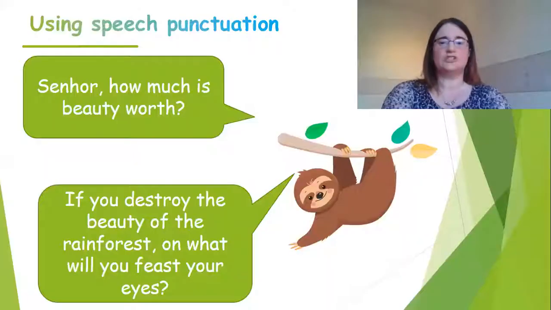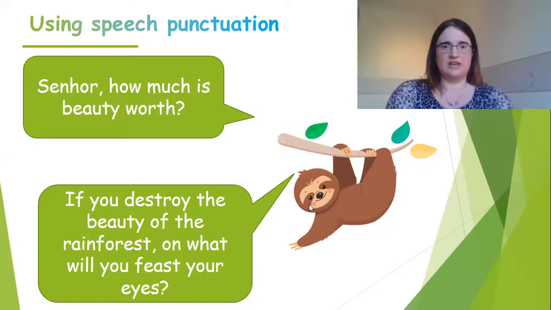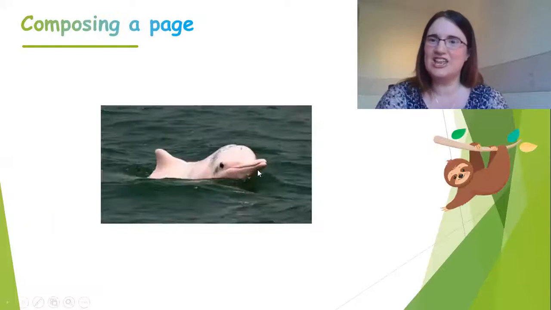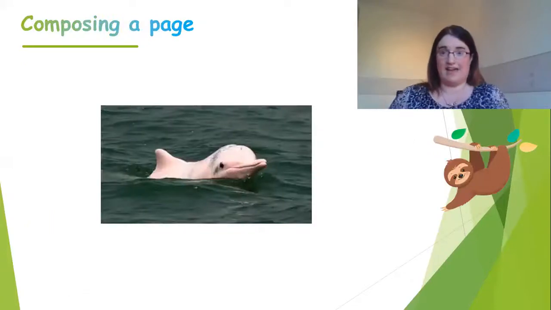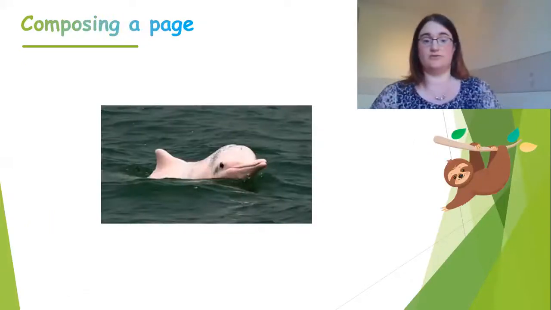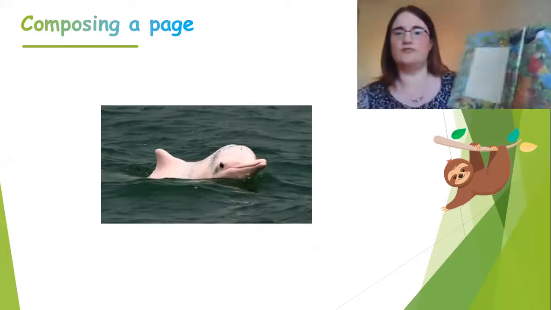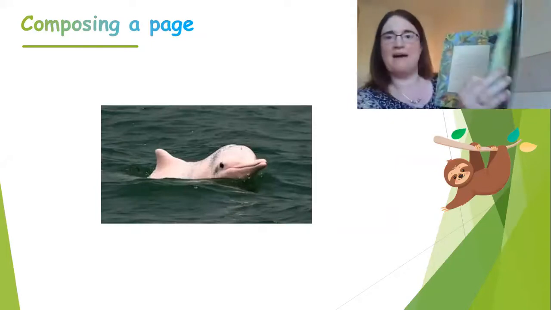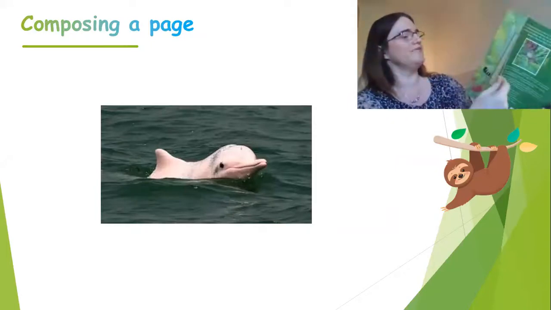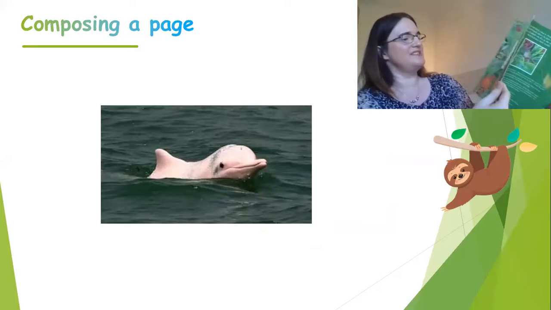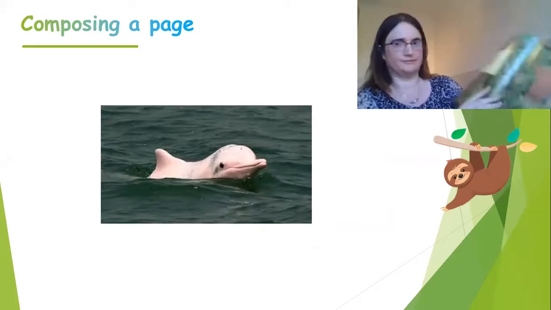Here we go. So we've had a little practice of our speech now. And now we're going to move on to actually think about writing our own page. So here is my writing challenge for you today. So in our book, The Great Kapok Tree, all of these different animals kept visiting the man while he was asleep. Okay. And towards the end, he walks off.